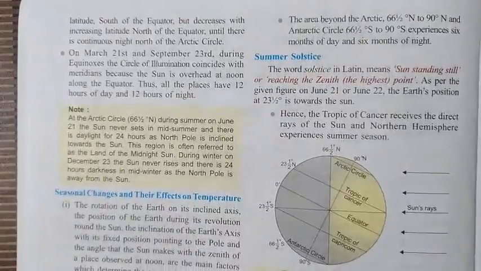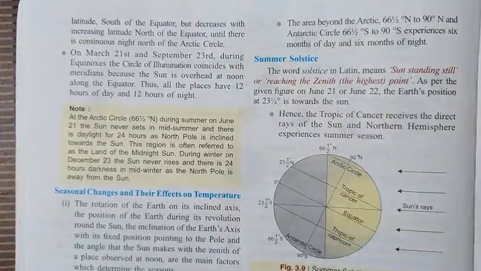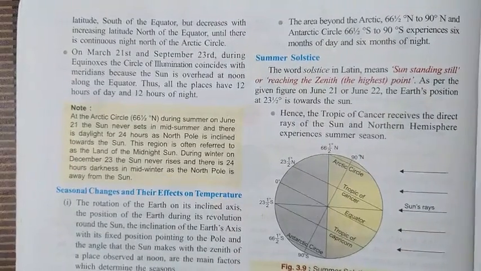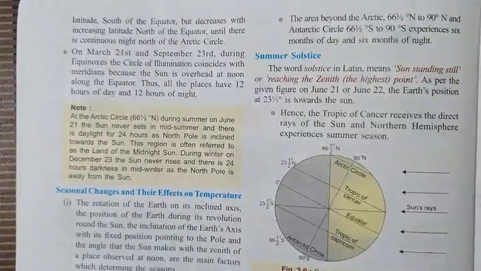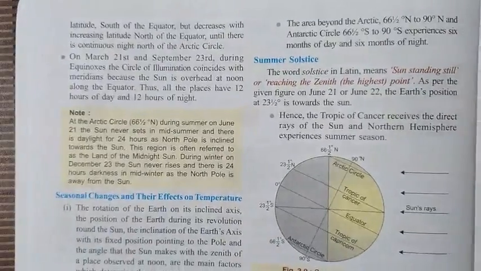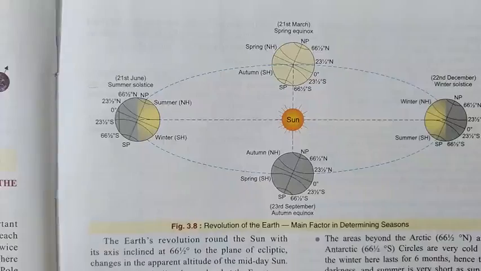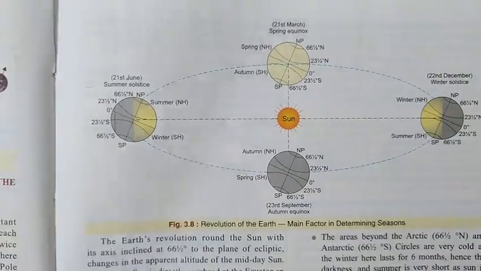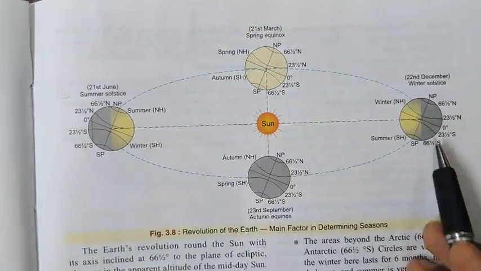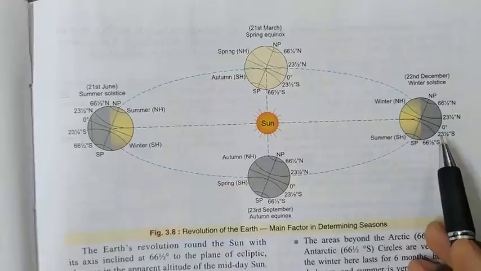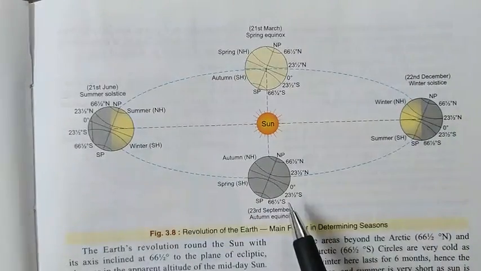Now next we are going to see about the summer solstice, winter solstice and equinox. So let's see here with this figure. In this figure, you'll find the earth at different times of the year, in 4 positions.